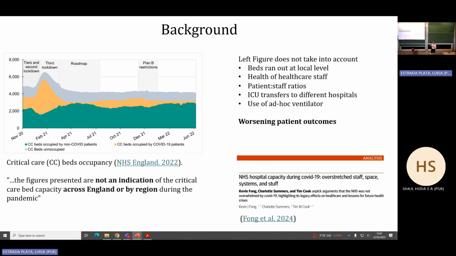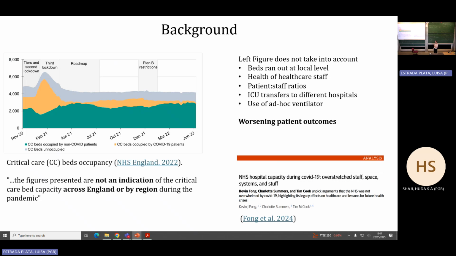So a lot of people post-pandemic talking about lessons we can learn is about these kind of legacy costs. So this figure obviously doesn't take into account what was happening in local hospitals, which often were overwhelmed, particularly in the first lockdown. The health of healthcare staff, so staff getting sick themselves with COVID, they were higher risk. Increase the number of patients per staff.